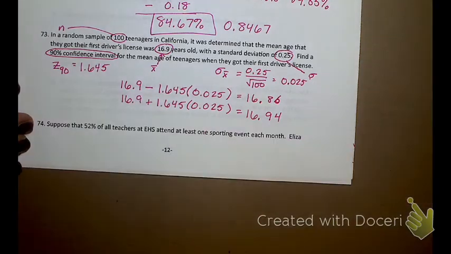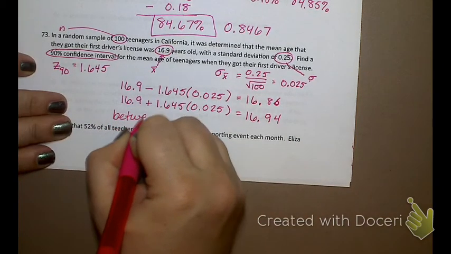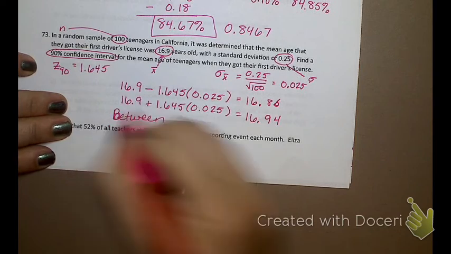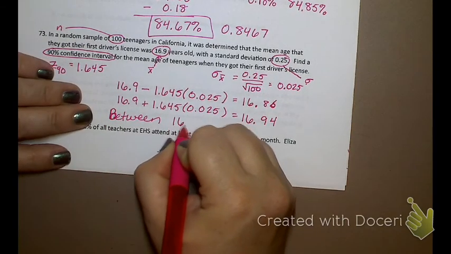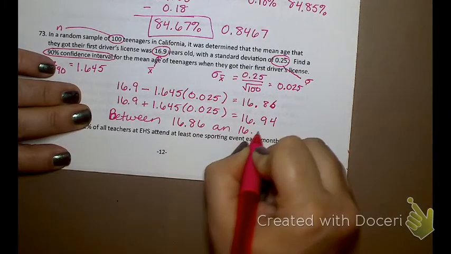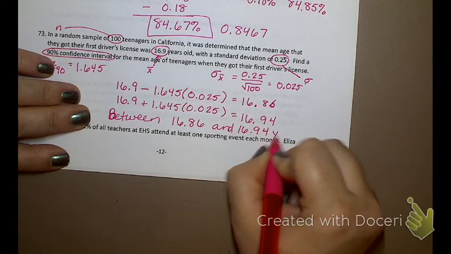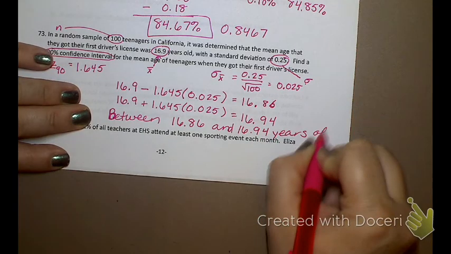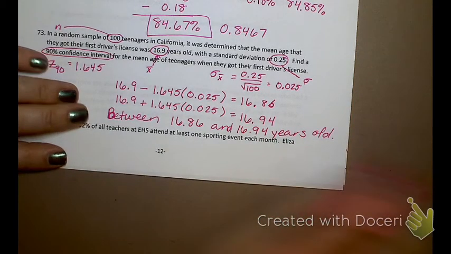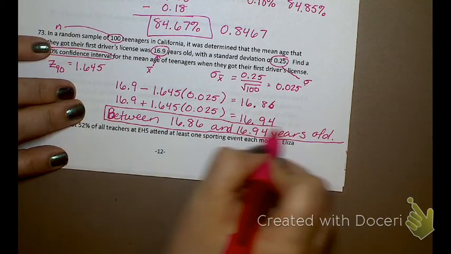So what is my interval? My interval is between, let's make that a capital like I'm writing a sentence, between 16.86 and 16.94 years old would be my answer. Okay?